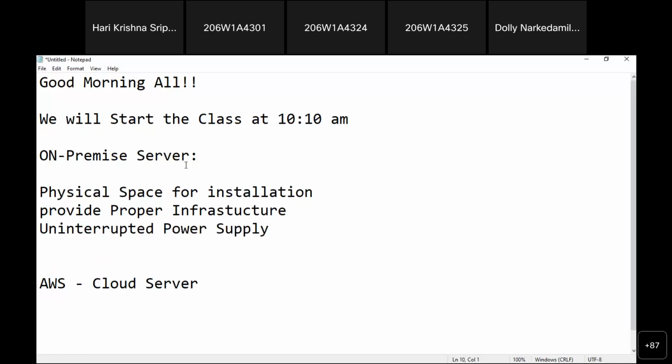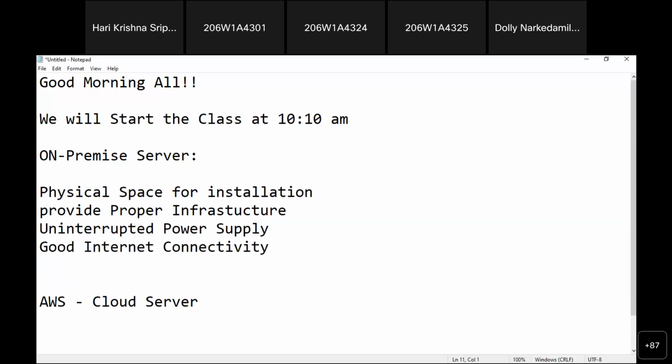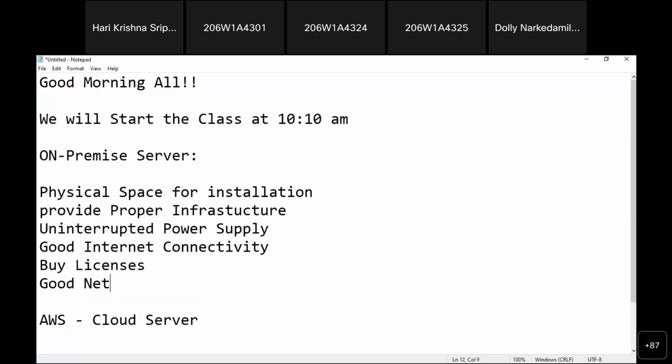You need good internet connectivity. You need to buy licenses. You need good networking between your server and clients.